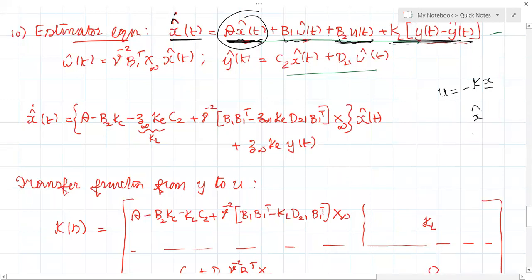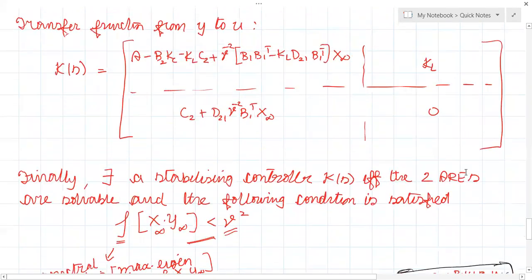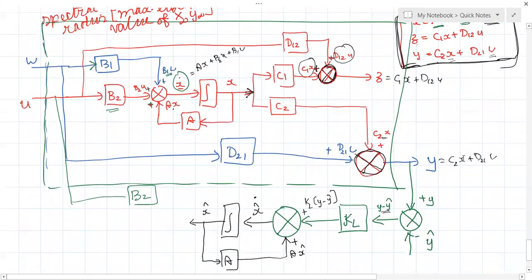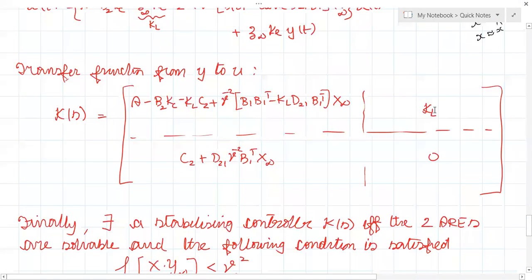So long as X minus X hat is as small as possible, your X will be close to X hat. Yes, sir, that's what we are trying to do. That is the purpose of having an estimator. So see here, in this configuration, if Y is equal to Y hat, what happens? Can you tell me, if Y equals Y hat, what happens?